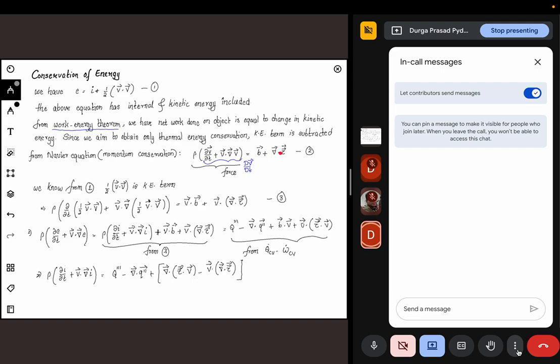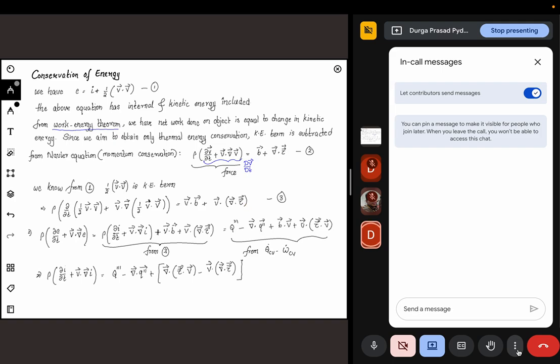If you multiply this force with velocity, we get the rate of work done, and that should be equal to the change in kinetic energy. So I just substitute the kinetic energy term into this equation, saying that the rate of change of this quantity should be equal to the velocity times this force.